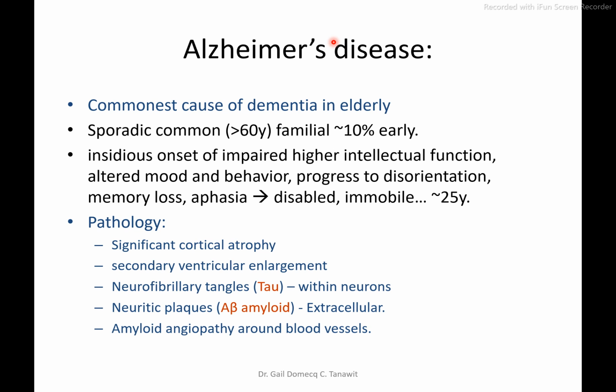There can be a secondary ventricular enlargement. Histopathologically, it presents with neurofibrillary tangles, or your tau proteins, within the neurons. There can also be neuritic plaques, or your alpha beta amyloid, located in the extracellular space of the neurons. There can also be amyloid angiopathy around blood vessels.